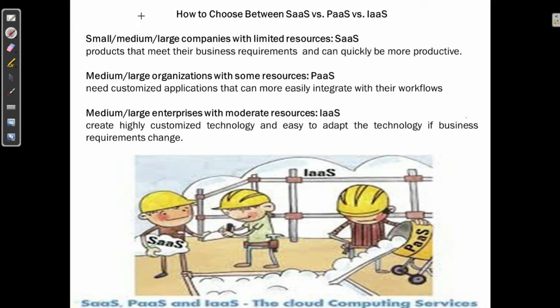If the company is a small company with limited resources, then SaaS may be a good option, because you have no provision to develop your own application and you have no infrastructure. So it is better to look for the offerings from the cloud. You can go for the ready-made software that is available, that can be integrated into your business to make your business more productive.